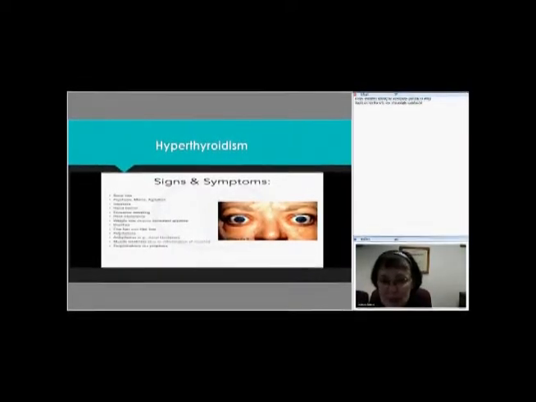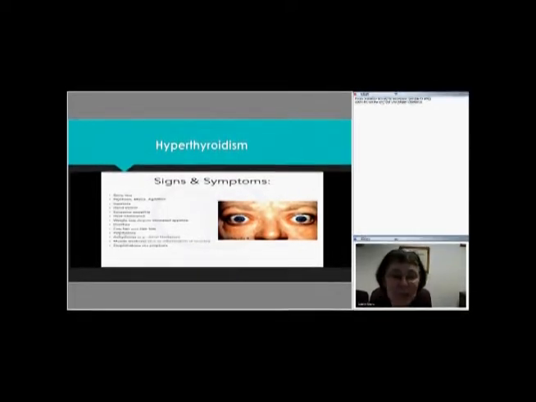This is certainly a typical picture of a hyperthyroid patient. They always look like they just saw something really scary. It can cause people to think that they're in mania, a bout of psychosis, because these folks are really wired. They have palpitations and diarrhea and arrhythmia, and then you see the exophthalmos.